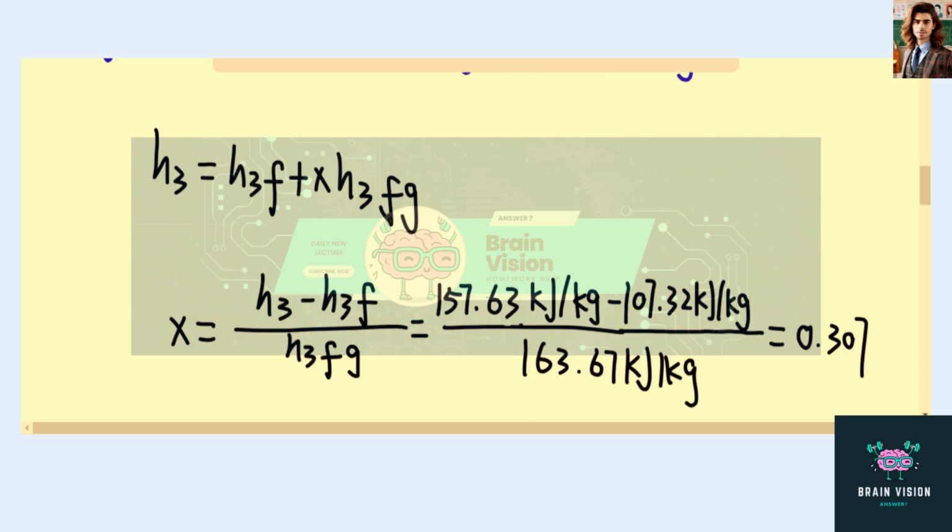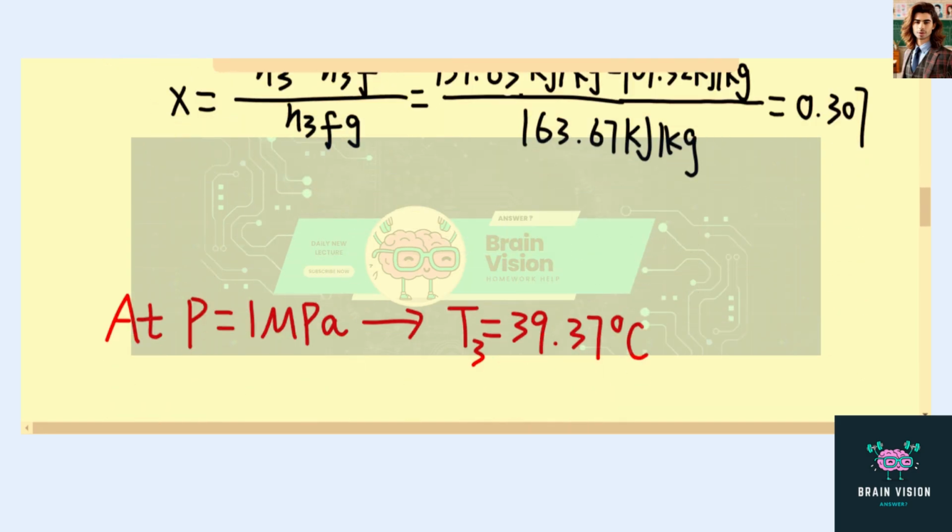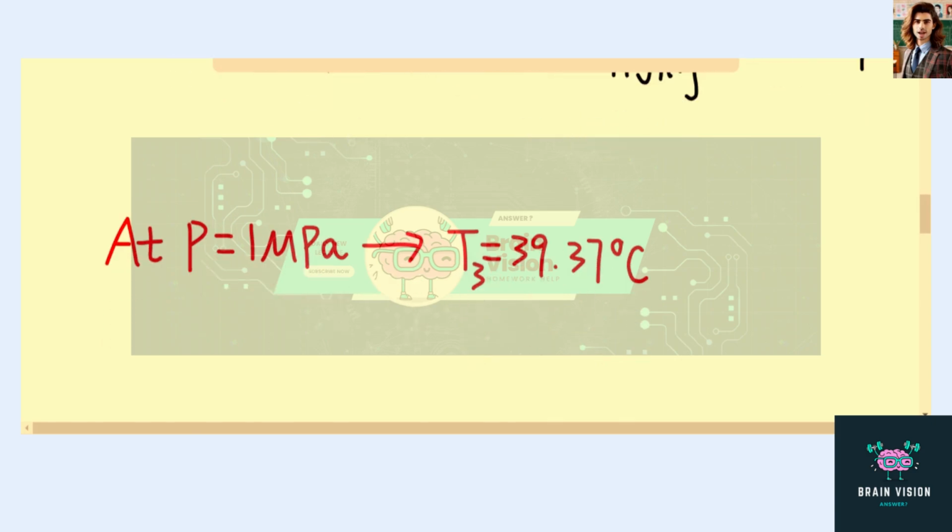If we plug in the values, the quality is about 0.307. Also at such pressure, we'll find the corresponding saturated temperature for refrigerant 134A is 39.37 degrees Celsius. Okay, and these are the answers for this question.